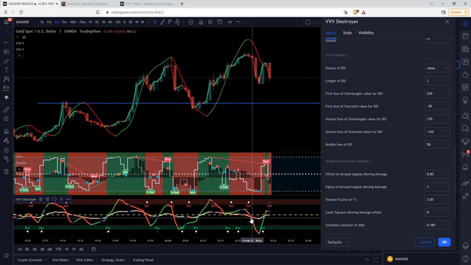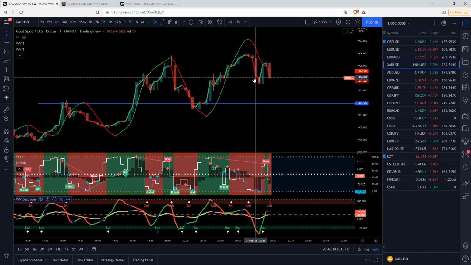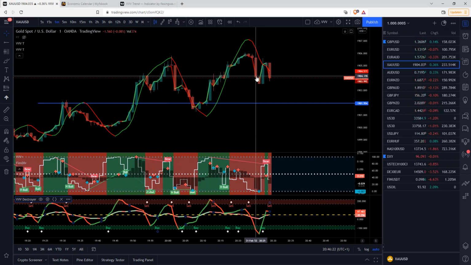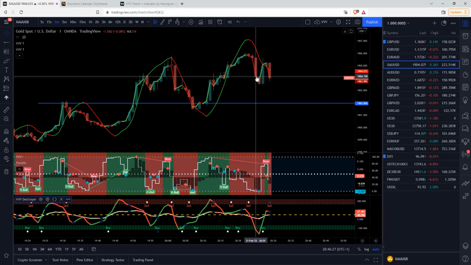So we got the cross in the VVT, we get the cross in the VVV destroyer, and the volume is about to break the line. All right, and like I said, if you target this here as your stop loss, and here is your 1 on 3 target, and it's like 1 minute. That's good scalping in my opinion.